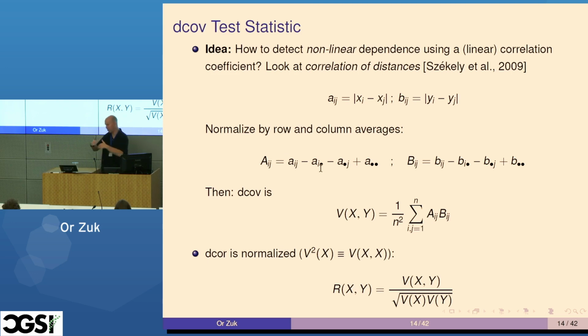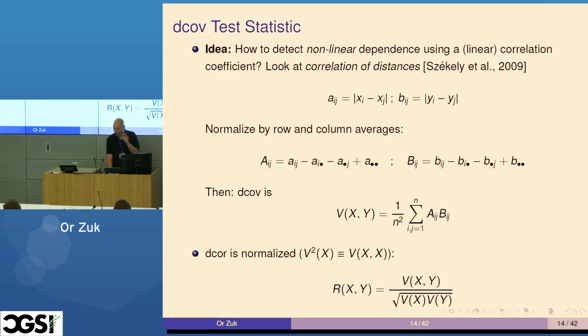You subtract the mean of the row and the mean of the column, but then you have to compensate, so you add the overall mean. And then you just take the dot product. That's what they call DCOV, distance covariance. If you want a correlation measure, you also normalize by the standard deviation, and that's called DCOR, distance correlation.